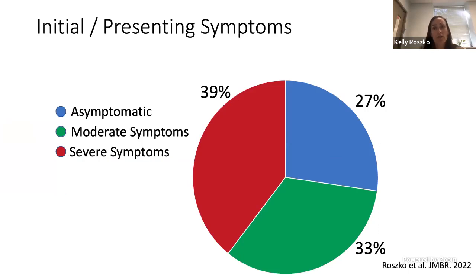So this chart shows the presenting symptoms of the patients. And as you can see, 27% were asymptomatic, meaning they had no hypocalcemia related symptoms at all. 33% had moderate symptoms.